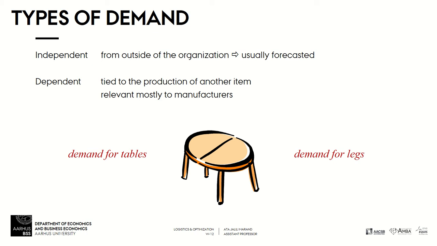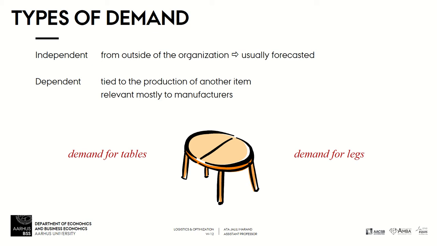Take the example of a table. The demand for the table is independent demand, which is based on the market requirements. And then if we have the demand for the table, we can accurately calculate the demand for the legs, and this is called dependent demand.